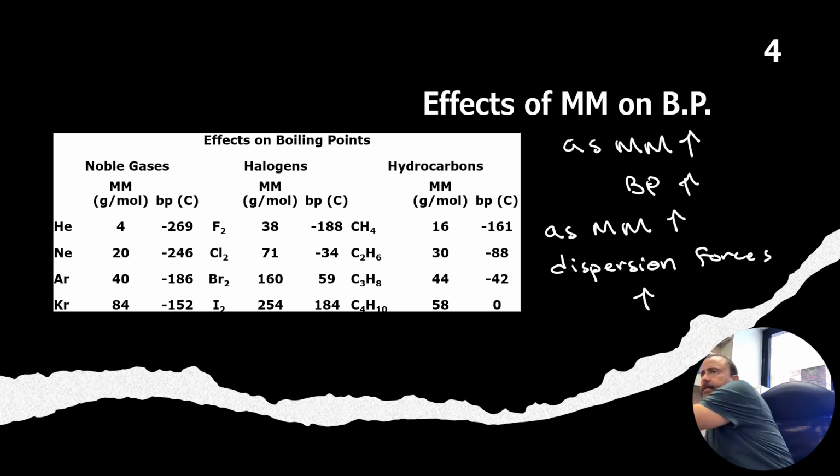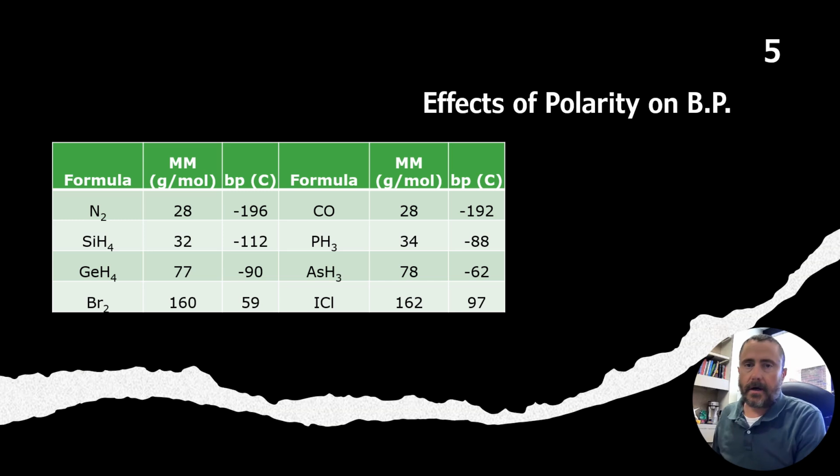All right, next up, let's look at the effects of polarity on boiling point. At the top, I've got something like nitrogen versus carbon monoxide. Nitrogen has an electronegativity difference of 0, so it's completely nonpolar, whereas carbon monoxide has a little bit of an electronegativity difference.